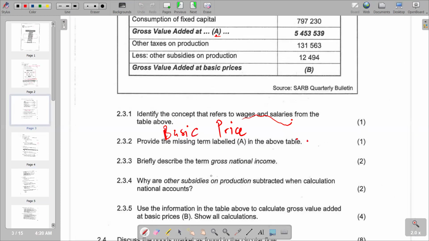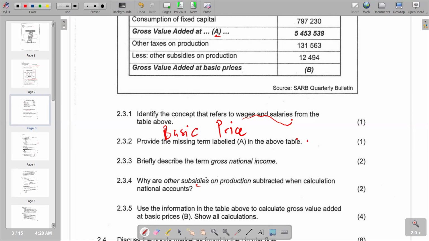Then we go to the next part of the question, saying: why are other subsidies on production subtracted when calculating national income? Remember the essence behind subsidies. We know that these are payments made by the government to firms facing high cost of production so that they face low cost of production. The main objective of subsidies is the reduction of the price, to protect the consumer so that the consumer is not charged a higher price.